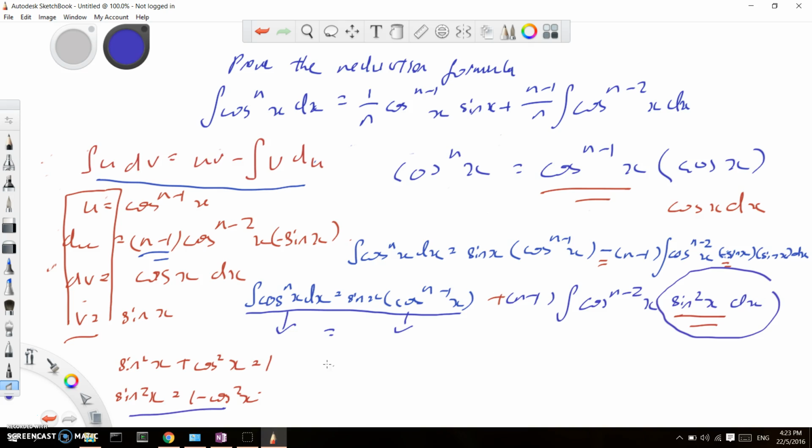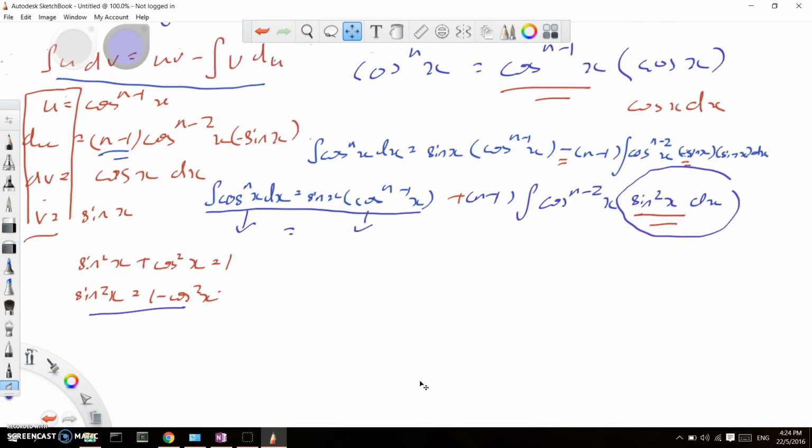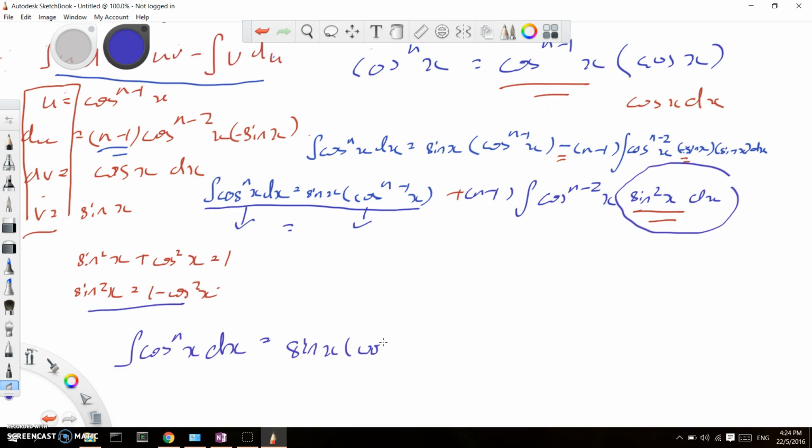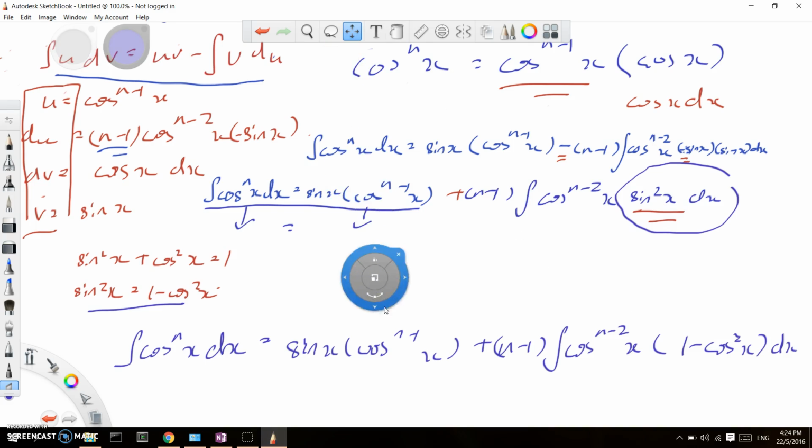Okay, let me just rewrite the whole thing again. Integral of cos to the power of n x dx equals sine x cos to the power of n minus 1 x plus n minus 1 integral of cos n minus 2 x times 1 minus cos square x dx.